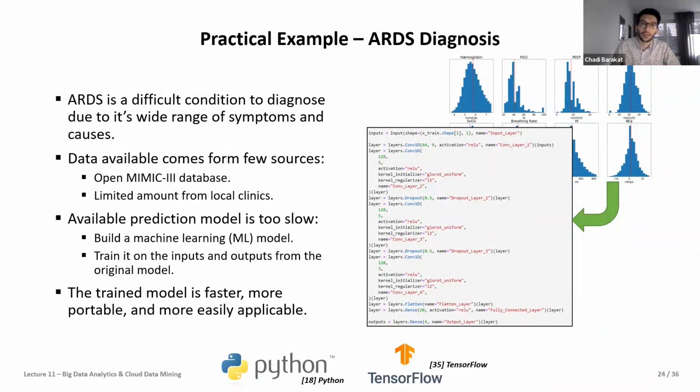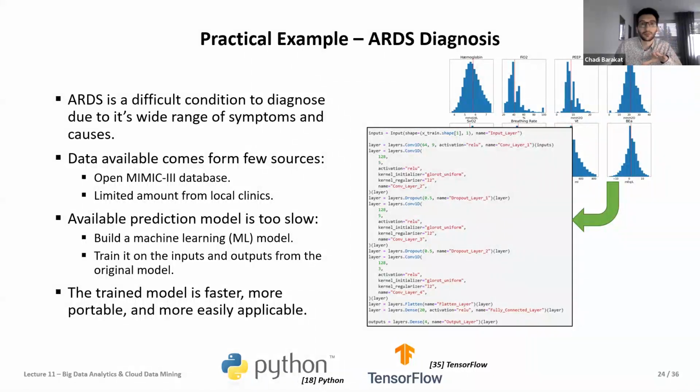We looked at several different parameters, including hemoglobin concentration in the blood, the oxygenation of the patient, their heart rate, how much they're breathing, and how much oxygen there is in the blood. All of this data is fed into a one-dimensional convolutional layer, which is a model that is good at working with sequence data.